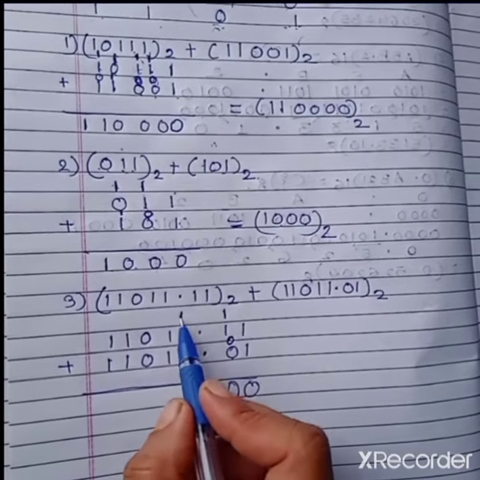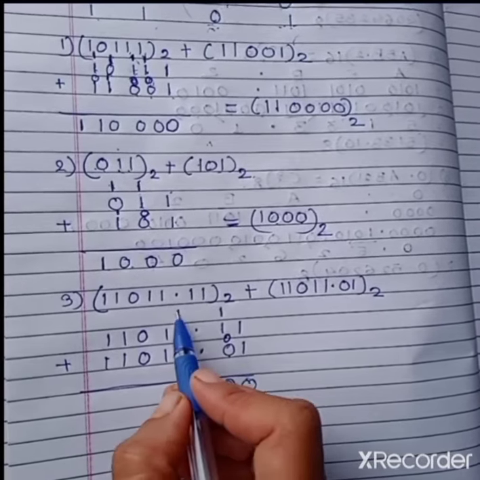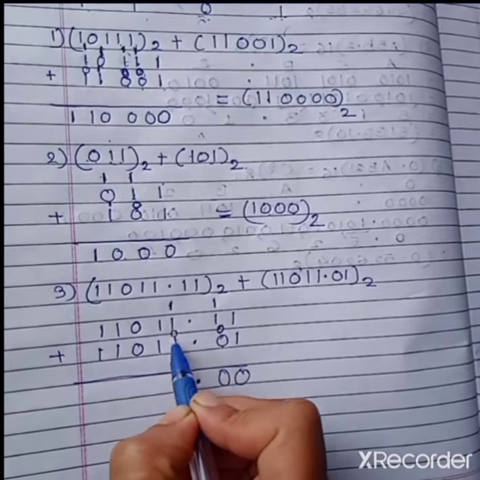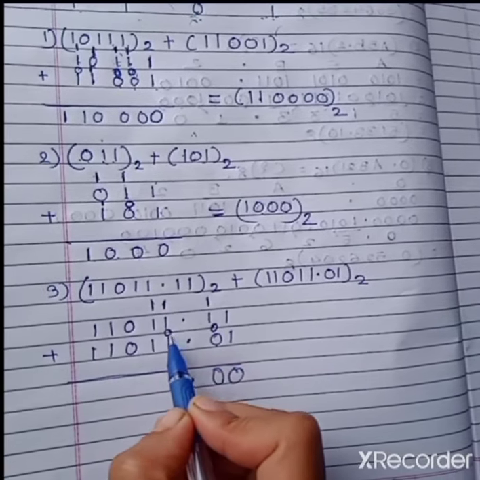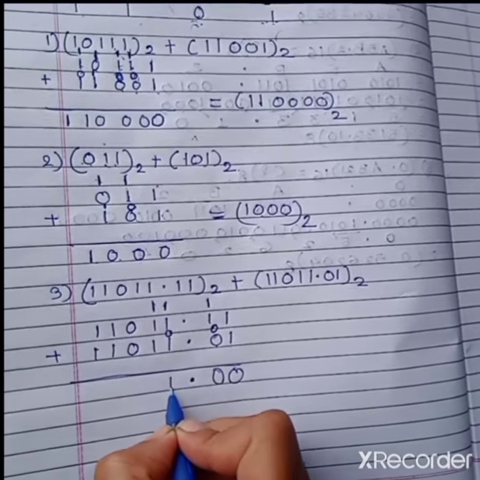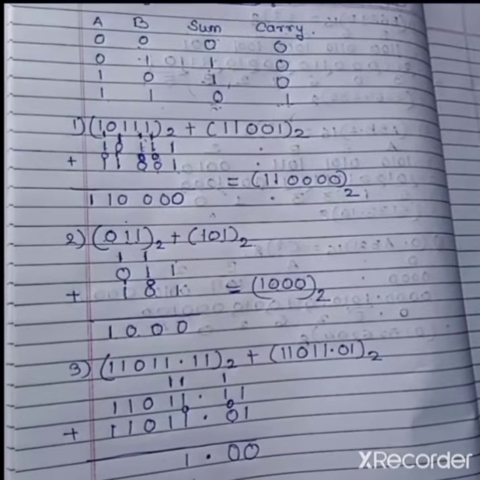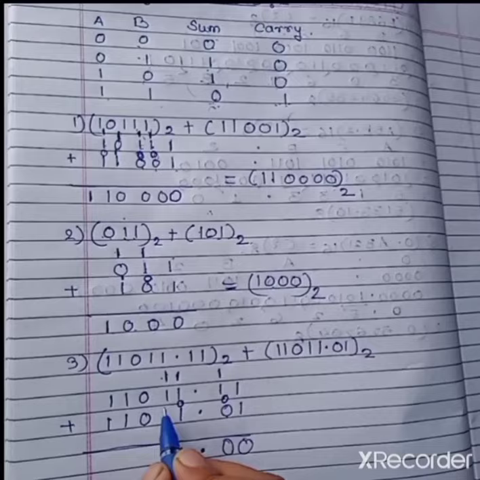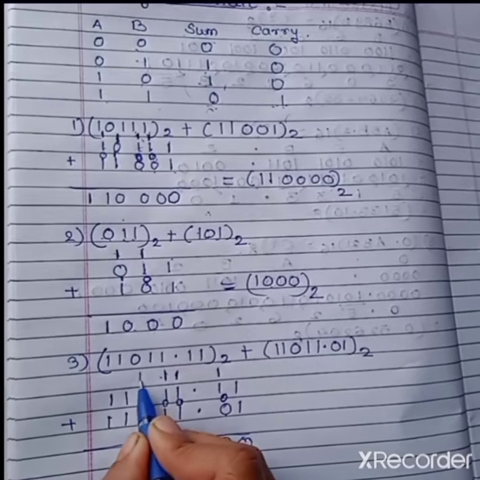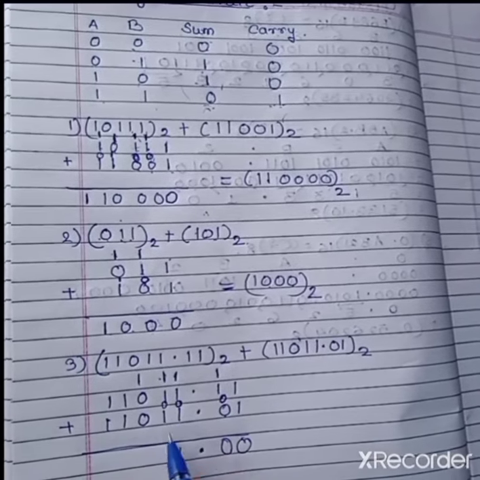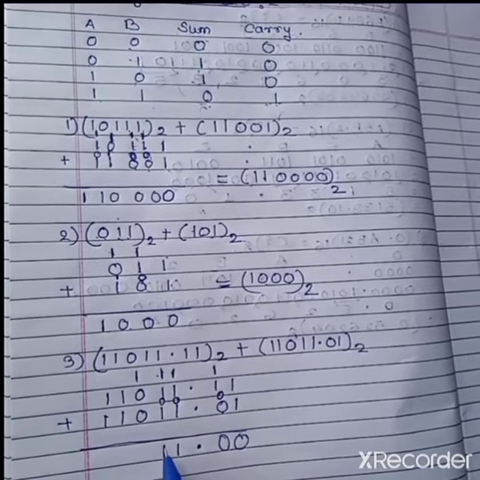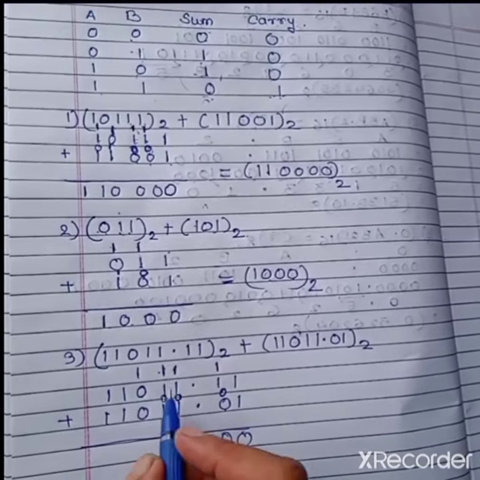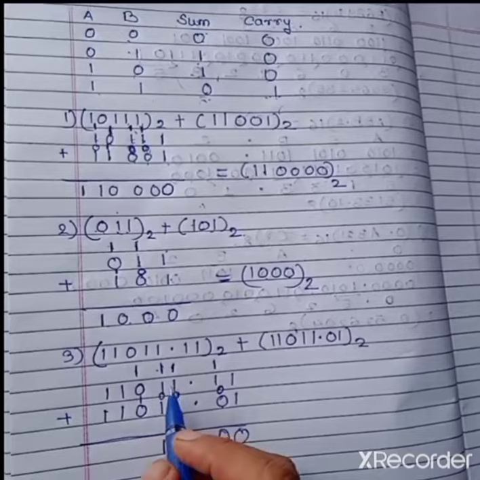Now perform the addition of these two bits first. 1 plus 1, 0, carry 1. 0 plus 1, 1. See the rules. Then 1 plus 1, sum is 0, carry is 1. 0 plus 1, 1. 1 plus 0, sum is 1, carry is 0.